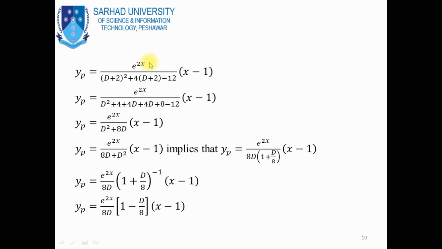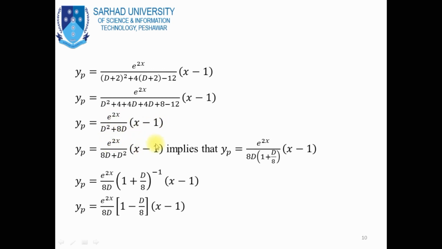So e power 2x divided by, replacing d by d plus 2, whole square plus 4 into d plus 2, minus 12, into the polynomial x minus 1. So a plus b whole square, d plus 2 whole square means d square plus 4d plus 4, and 4d plus 8 minus 12 into x minus 1. Now after simplifications we obtain e power 2x divided by d square plus 8d into x minus 1.